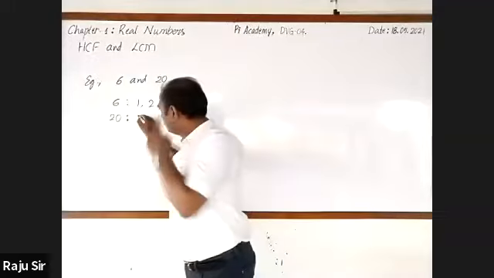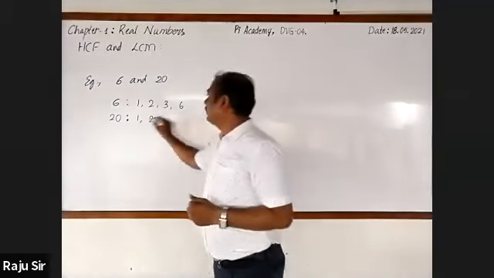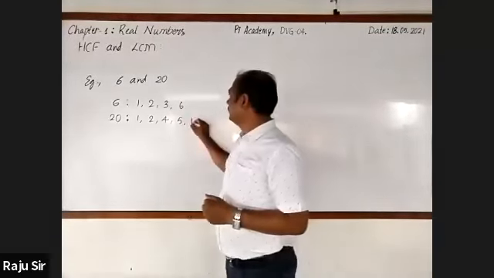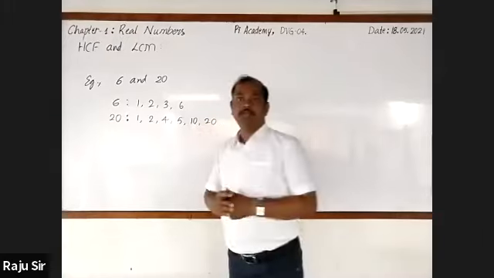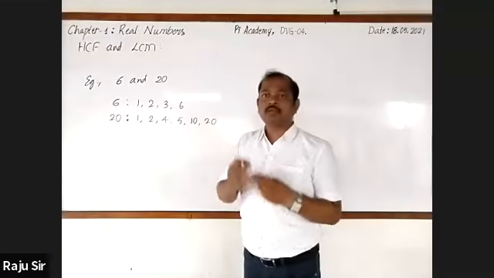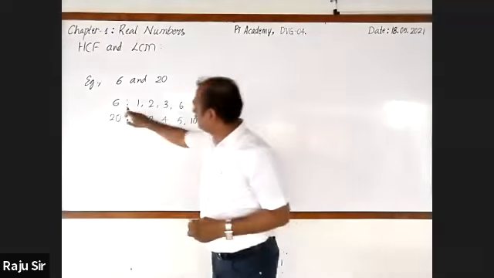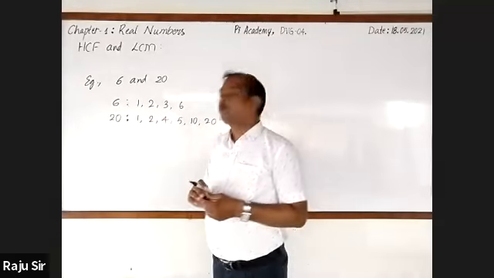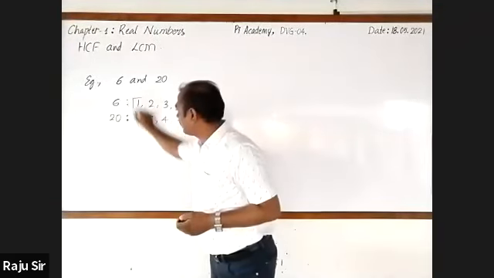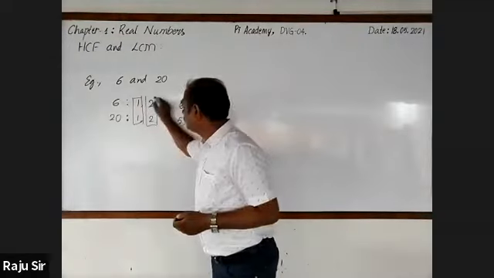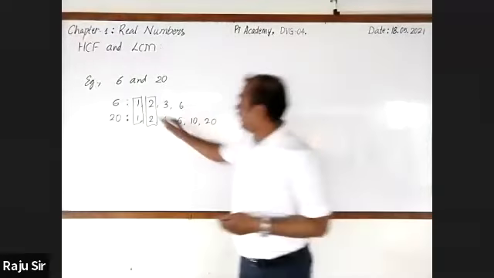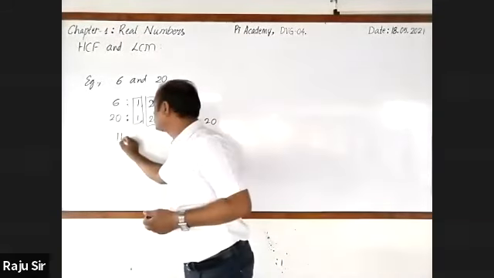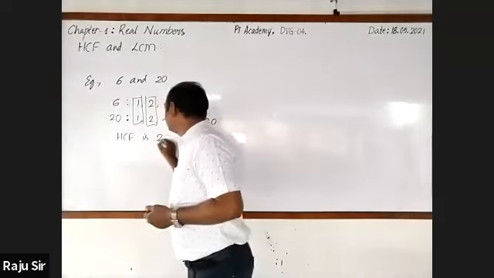They are 1, 2, 4, 5, 10, and 20. You used to identify the common factors of 6 and 20. The common factors are 1 and 2. Between these two, the highest one is 2. Hence, we used to write HCF is 2.